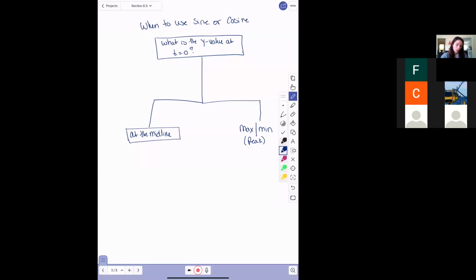Are we good so far? Those are two options. So you either are at a midline, or you're at a maximum or a minimum. Are we good up until here?